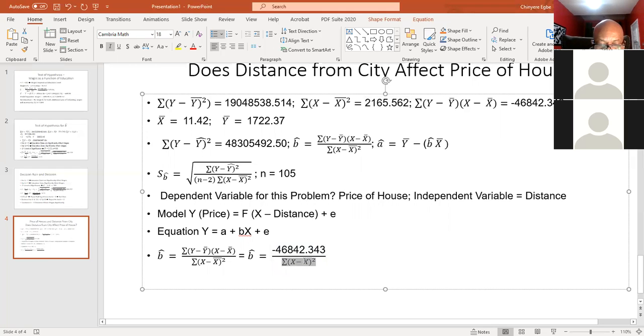Professor, is this example taken from one of the assignments? I think I took it from one of the assignments or one of the illustrations in class. Okay, so what is B hat? Can somebody calculate B hat for us?